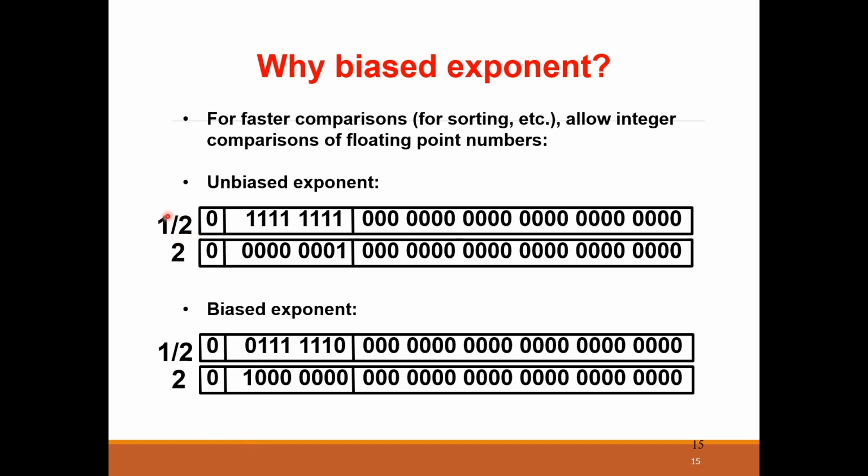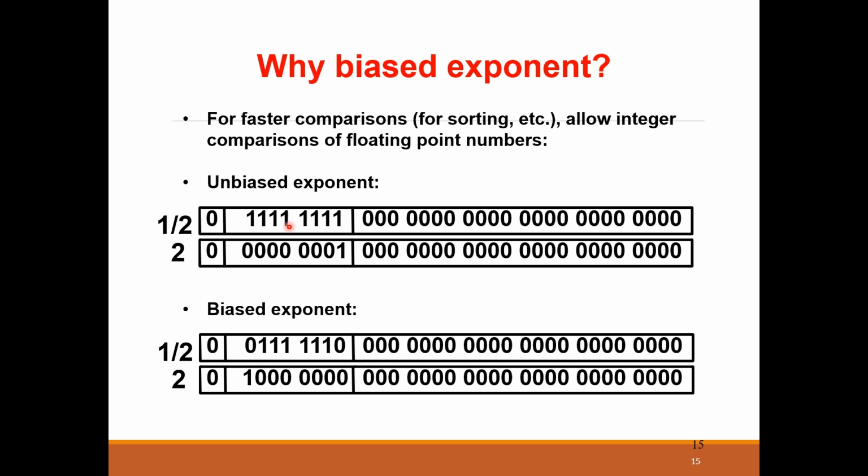If you want to represent half, meaning 0.5, in unbiased exponent, then it will look like this. Half means 0.5, right? And 0.5 in binary is 0.1. But there should be a leading 1.